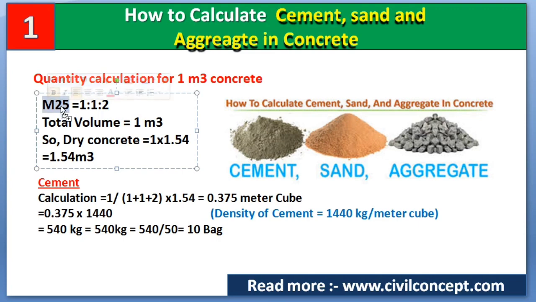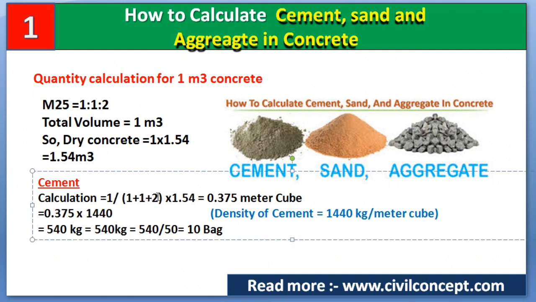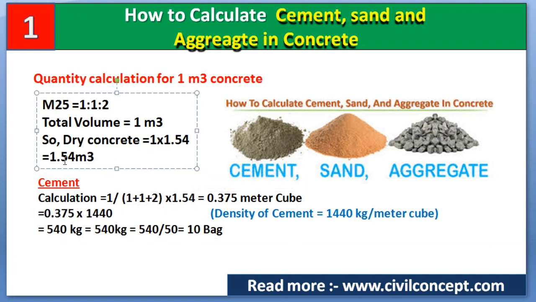If you take M20 grade of concrete, 1:1.5:3, the sum will be 5.5. Here I have taken M25 grade of concrete, so its sum will be 2 plus 1 plus 1, which is 4. This is the total sum, and this is the dry volume, which we have already calculated as 1.54.